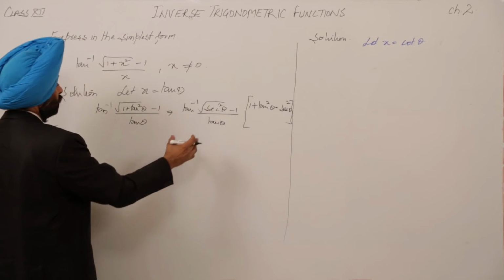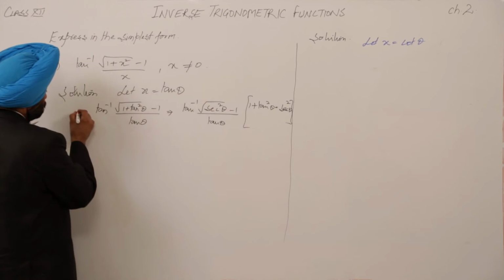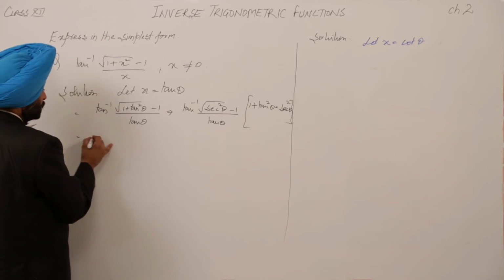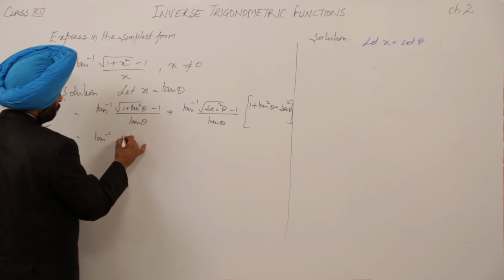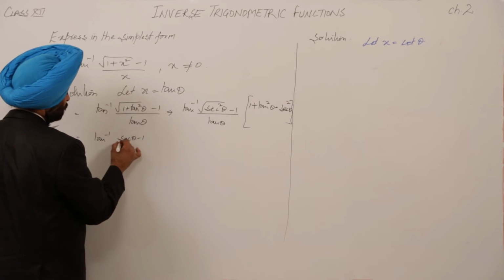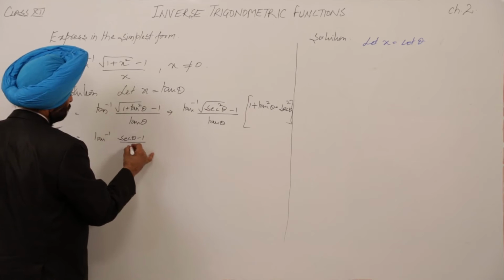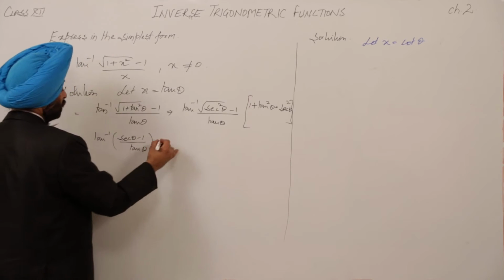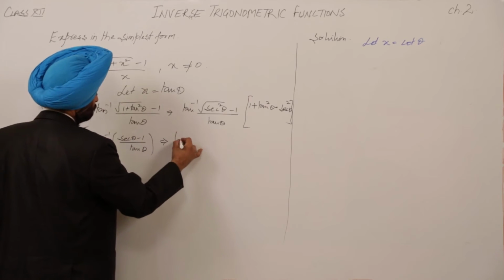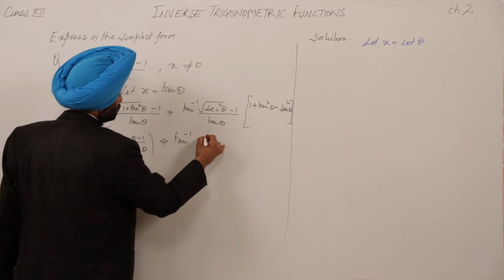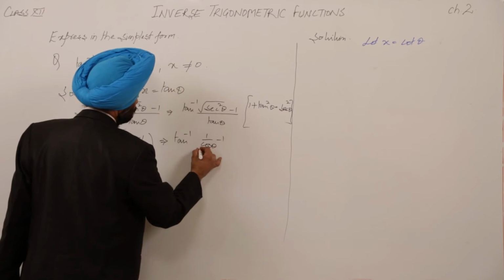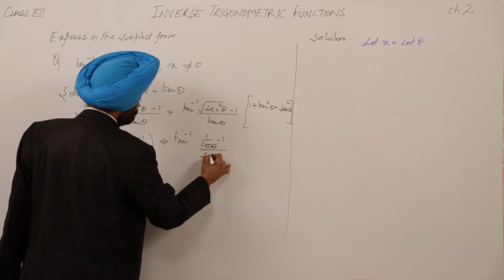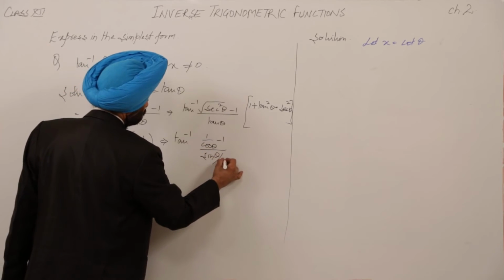Okay, so now square root of secant square theta is what? It becomes tan inverse secant theta minus 1 upon tan theta. Now further this becomes tan inverse, secant theta is 1 upon cos theta, minus 1 upon tan theta, which is sin theta upon cos theta.